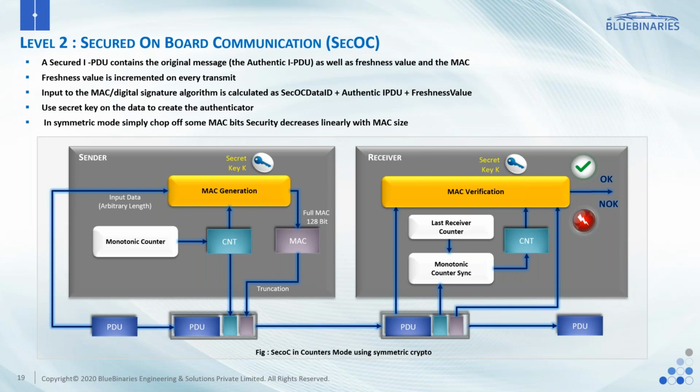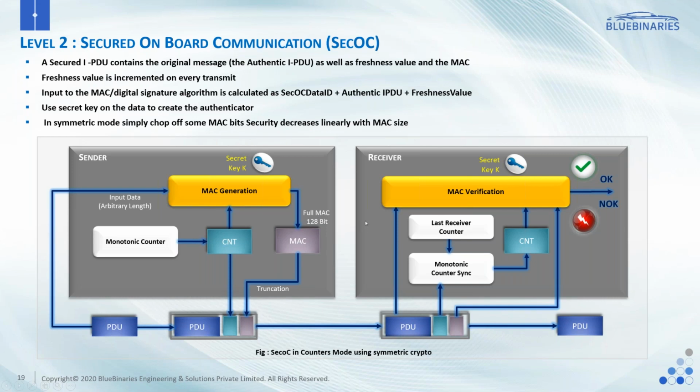Okay, so in this secured onboard communication, this SecOC, you have a secured IPDU which would contain the original message along with the freshness value and the MAC address. So the freshness value is an incremented value by the receiver.